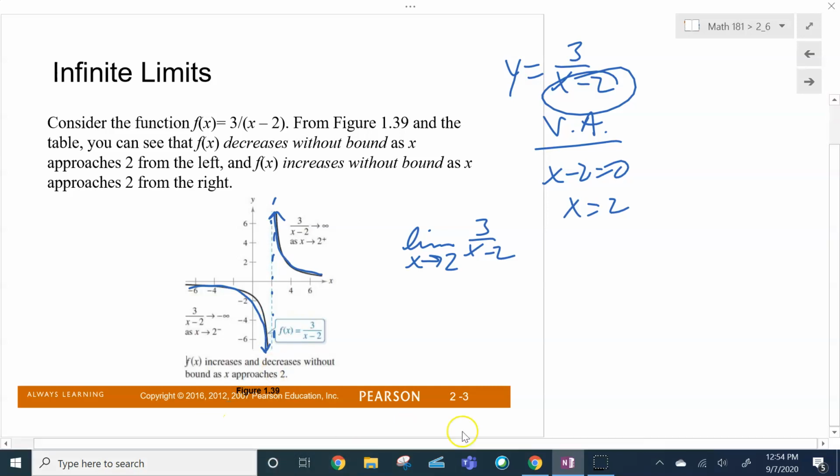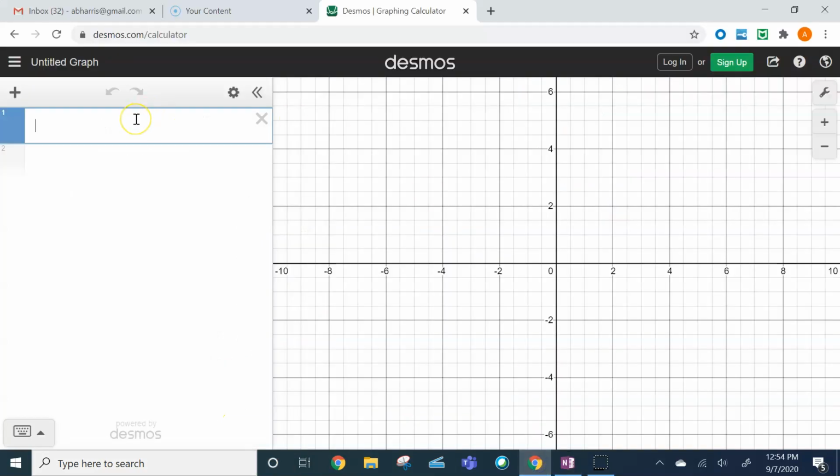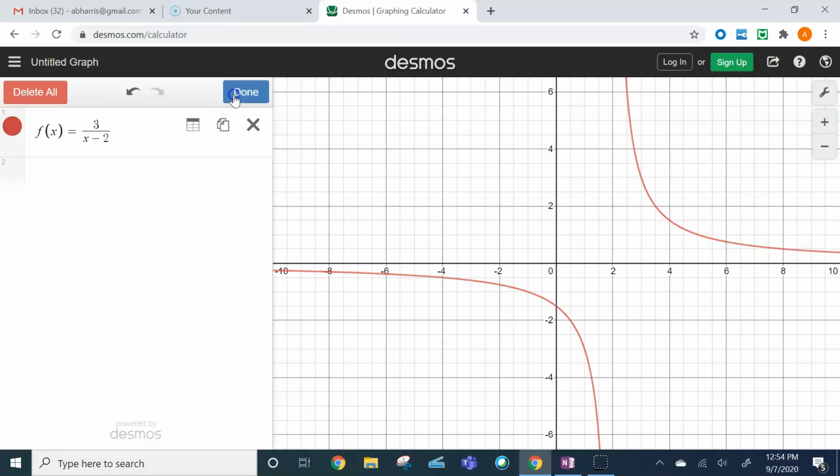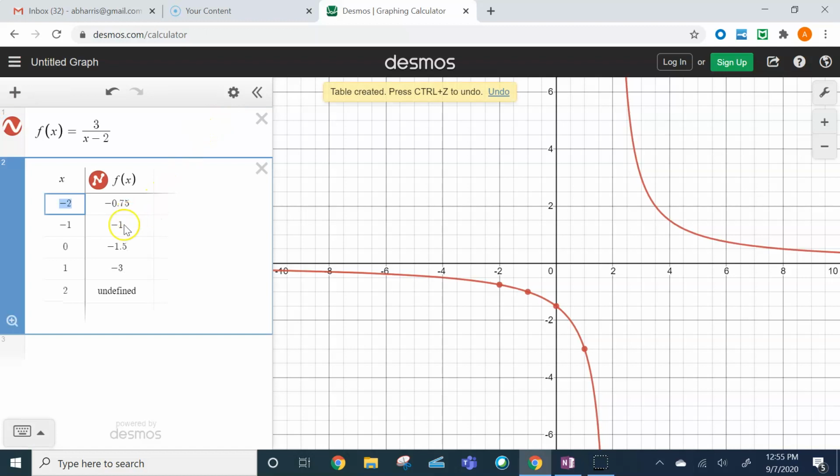Let me punch this into decimals, I'll show you. If we approach 2, let's punch in 2.5, and it spits out 6. Let's punch in 2.1, and it gives you 30.